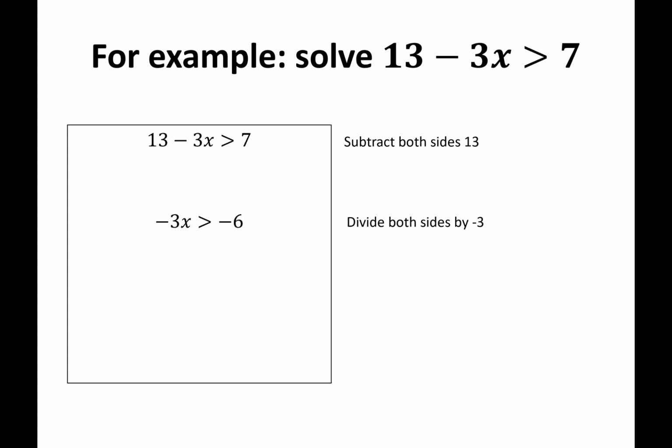I now have minus 3 times x is greater than minus 6. So to move my minus 3, I must divide both sides by minus 3. And don't forget, if you are dividing by a minus number, you must flip your inequality.